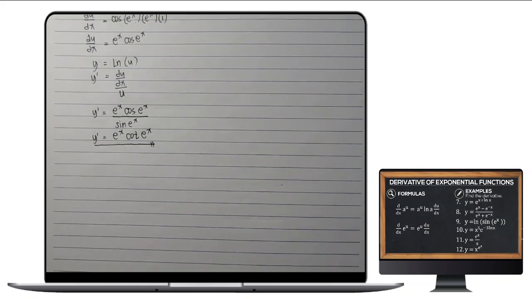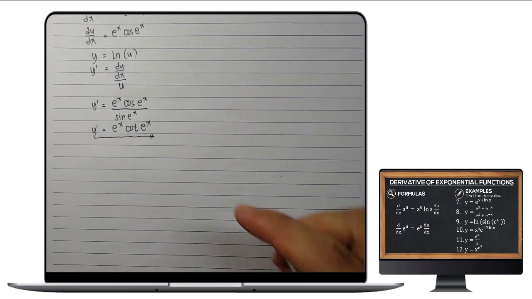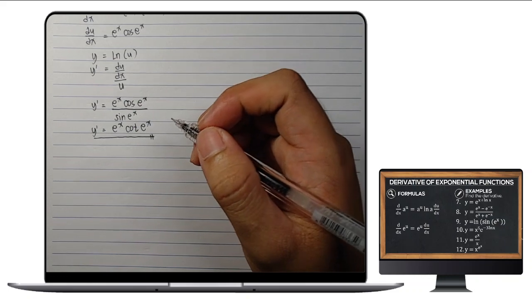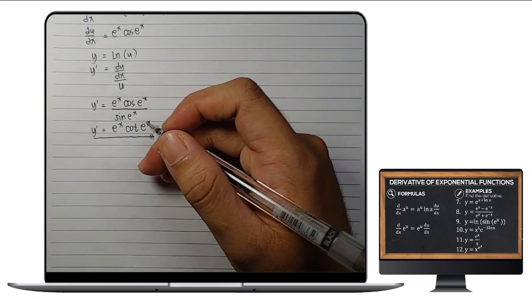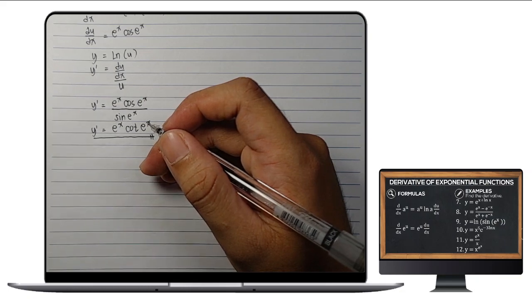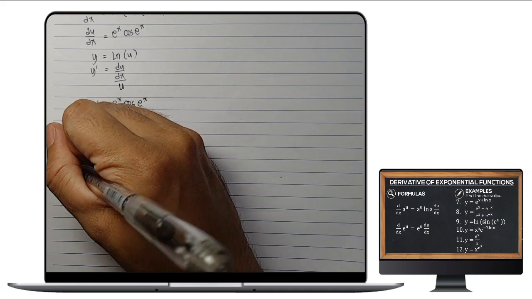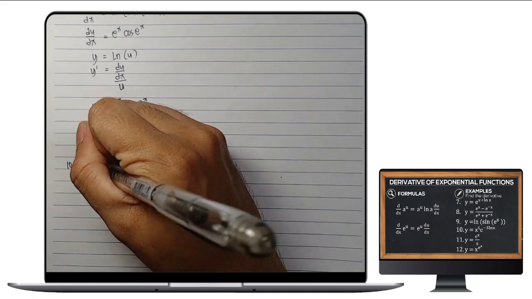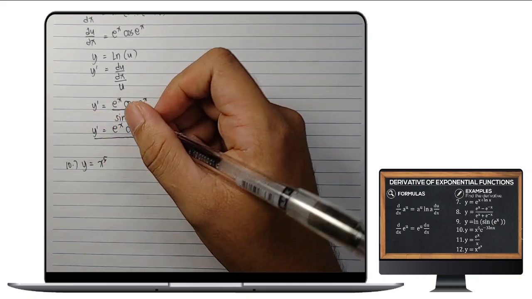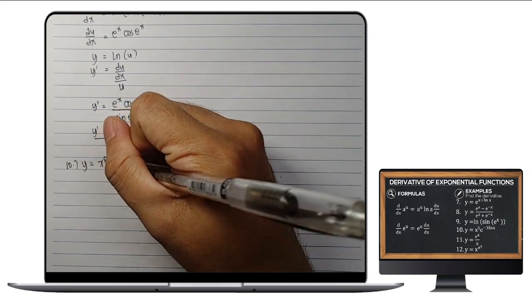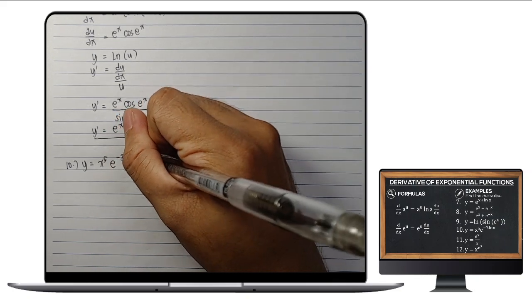And let's proceed for problem number 10. For number 10, we have y is equal to x raised to 5 multiplied by e raised to negative 3 ln of x.